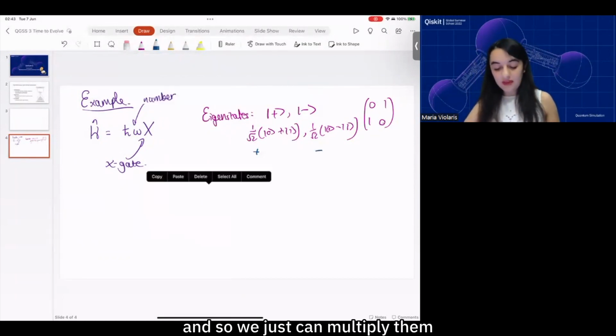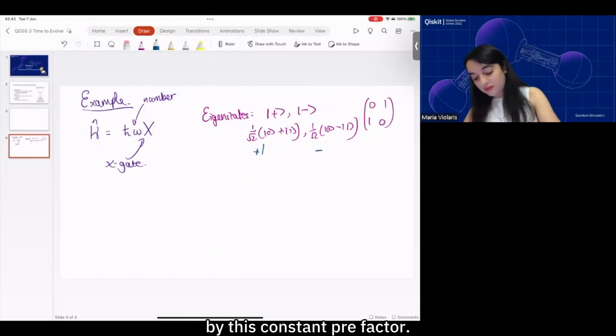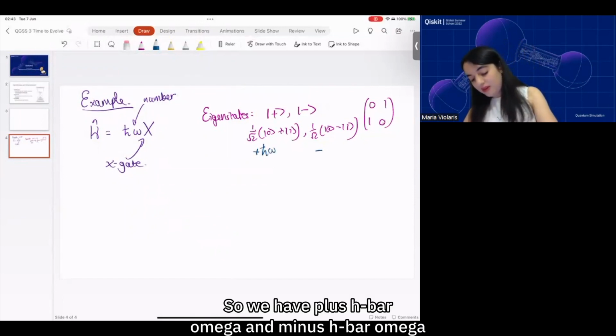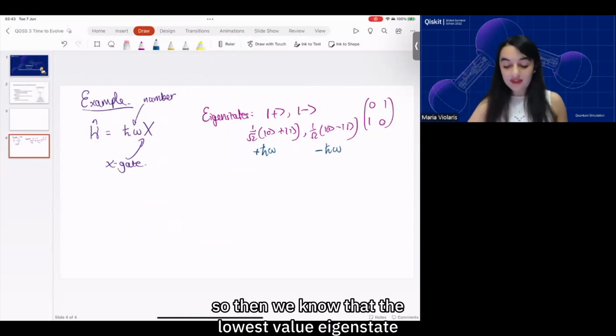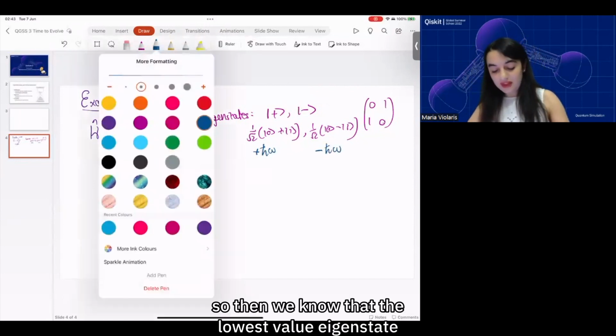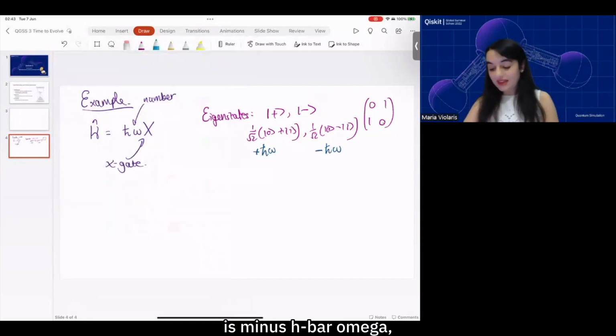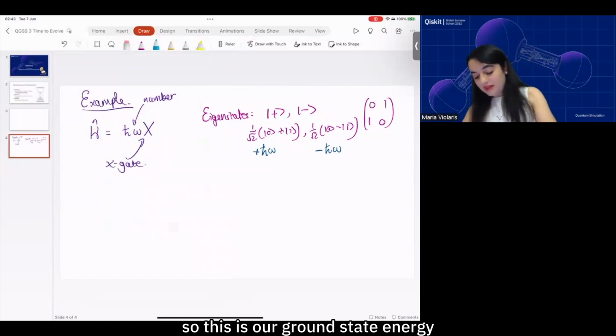And so we can just multiply them by this constant prefactor. So we have plus h bar omega and minus h bar omega. So then we know that the lowest value eigenstate is minus h bar omega. So this is our ground state energy.